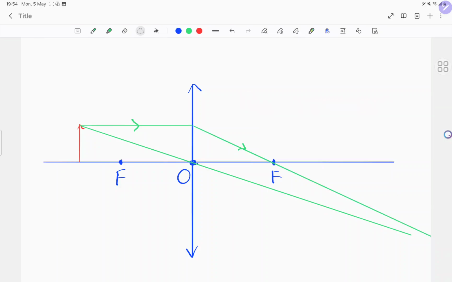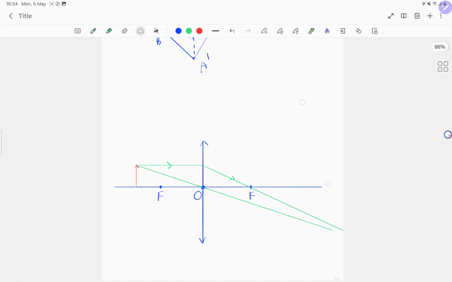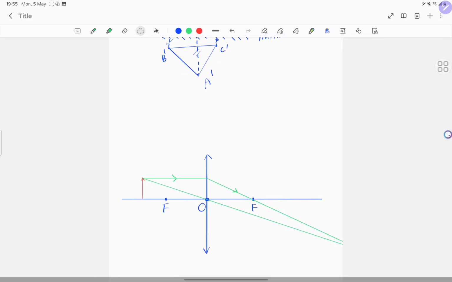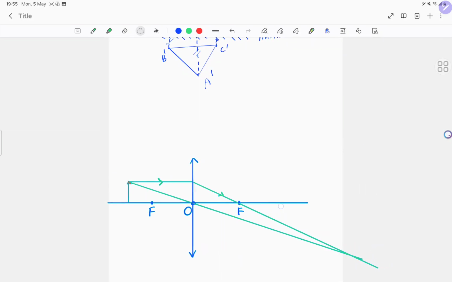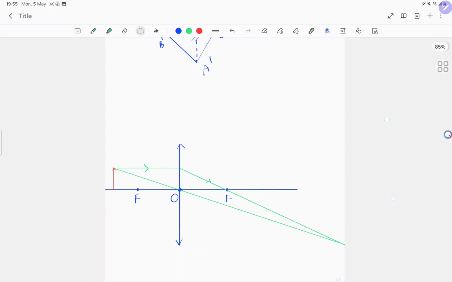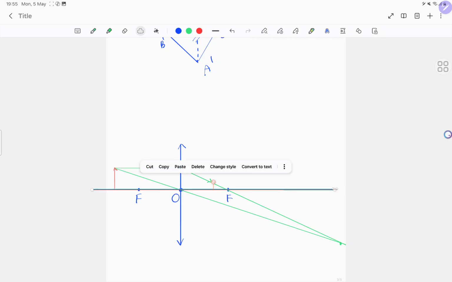They're not going to meet, so I'm just going to extend them somewhere here. Give me a moment. Okay, so they meet here. See it? So what happened? When you encounter this question, they will give you enough space for the diagram, so you don't have to worry if you don't have enough space.